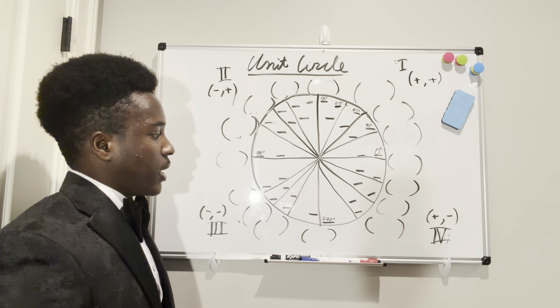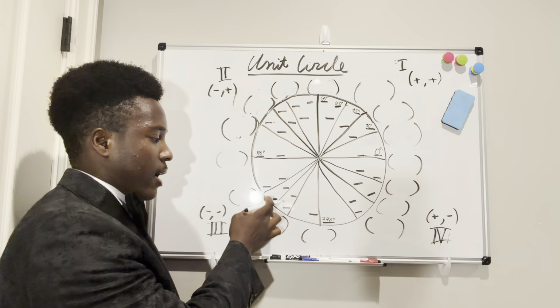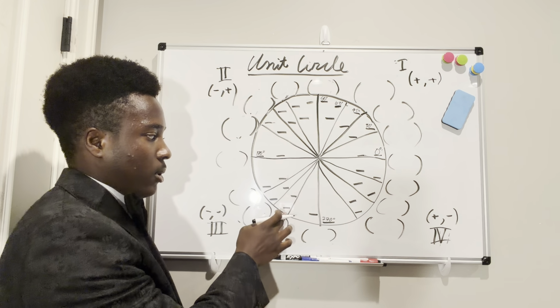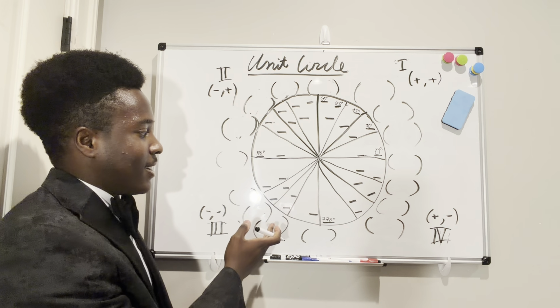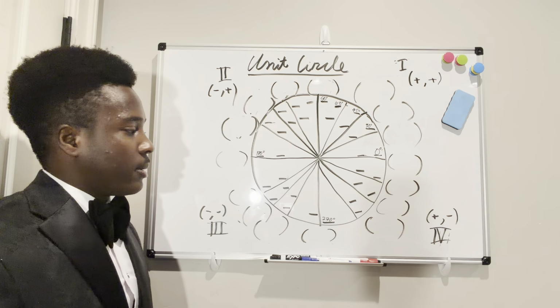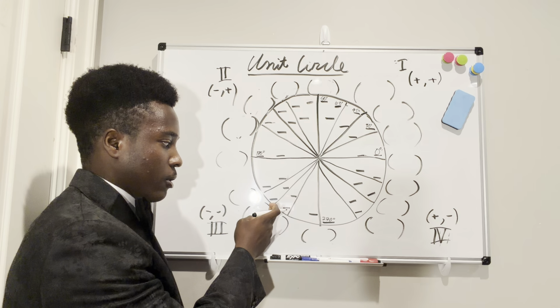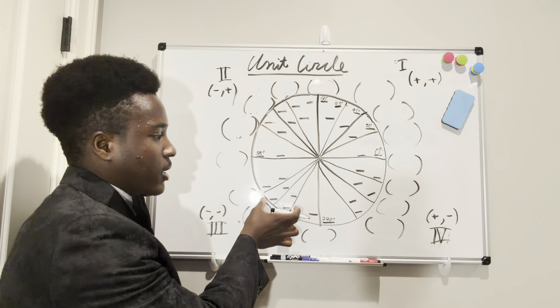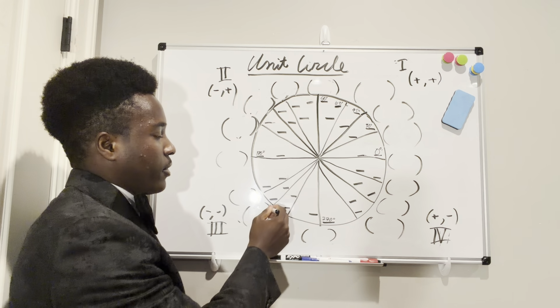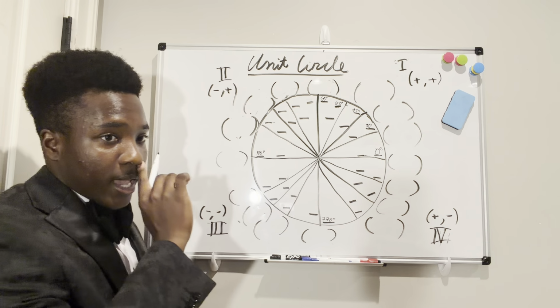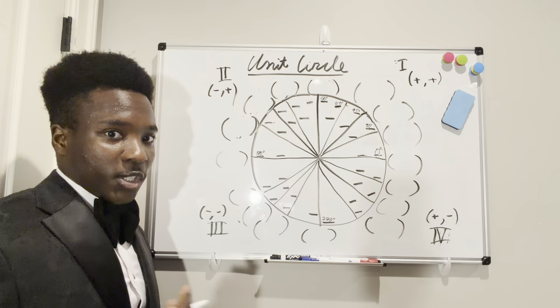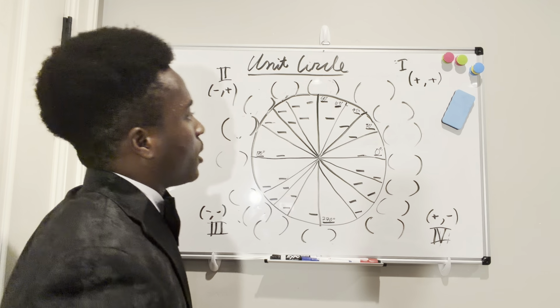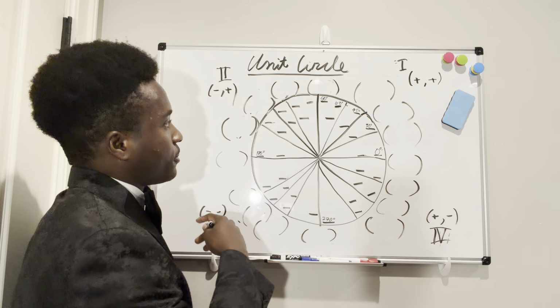People might get confused when they see that there are multiple lines, and it might make them want to go to another 30 degrees, another 30 degrees. But don't get confused. It's still 30 degrees. The only difference is that since there's one in between splitting them, it's just the halfway point between 30 degrees, which is 15. So let's go through the whole unit circle and label our degrees.